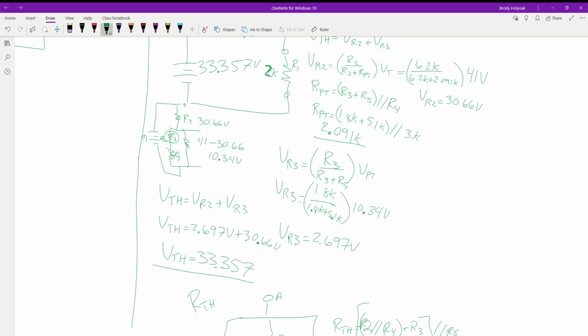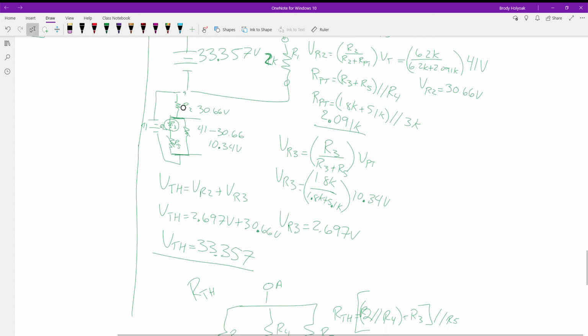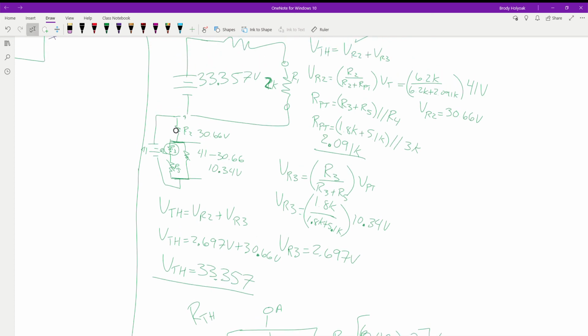That was just the voltage across this parallel network while we were solving in Thevenin. So after that, that's the only place we need that voltage. Then we're going to take a partial amount of that voltage here and add it back to R2. So it's a value we have to solve for, but then we don't use after that point.